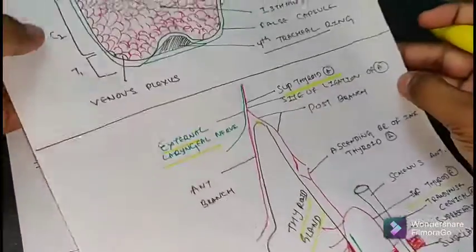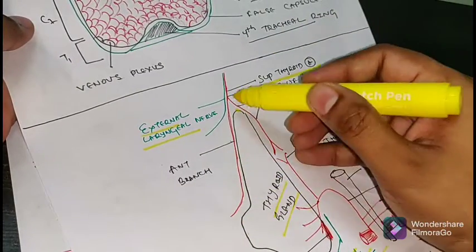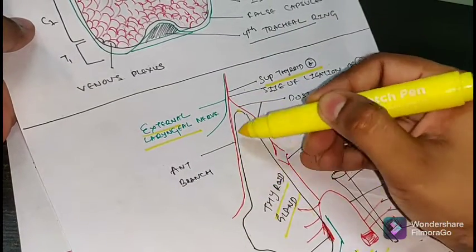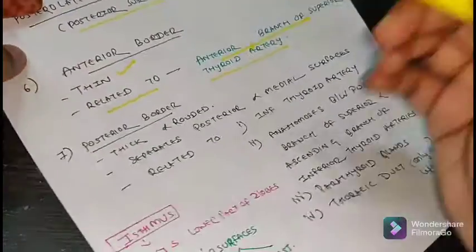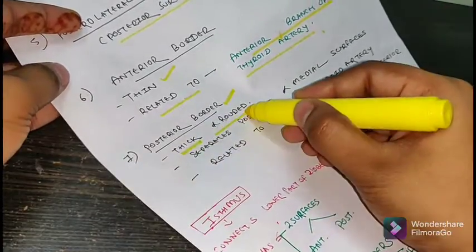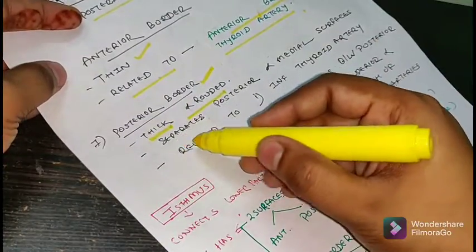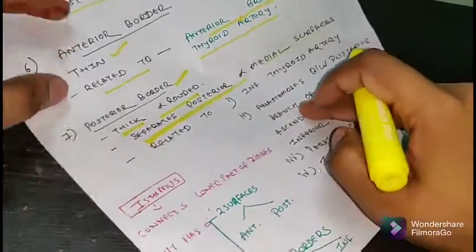We can see here, friends, this is the anterior branch, and this is the anterior relationship.